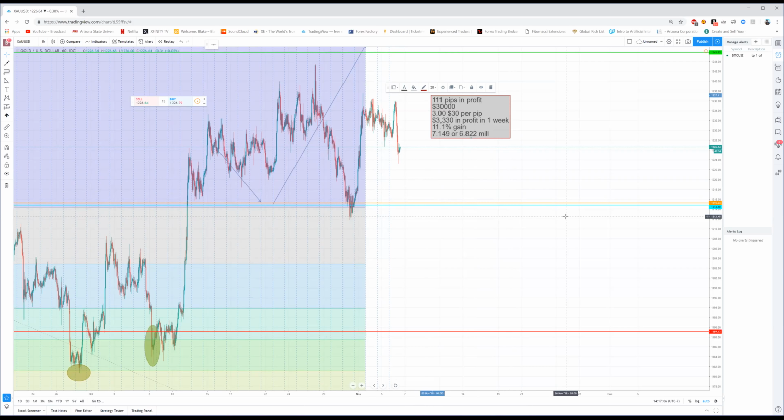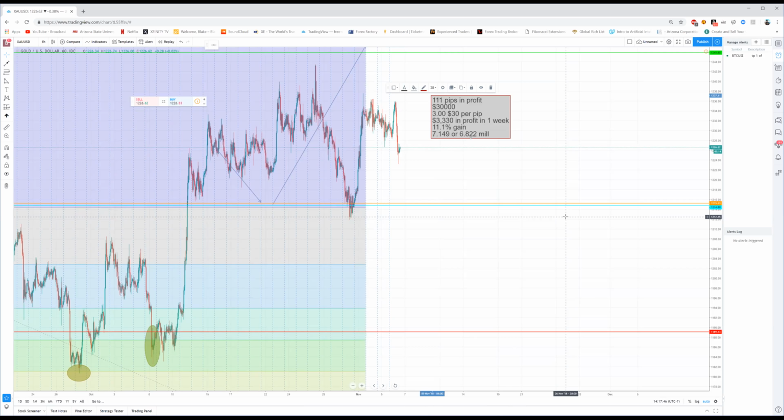This isn't necessarily the best pair to use full leverage, because gold leans towards an exotic. It's kind of in between an exotic and a minor currency pair. It has more liquidity than a minor currency pair, but at the same time, it moves so quickly that it's hard to put it in that category as well.